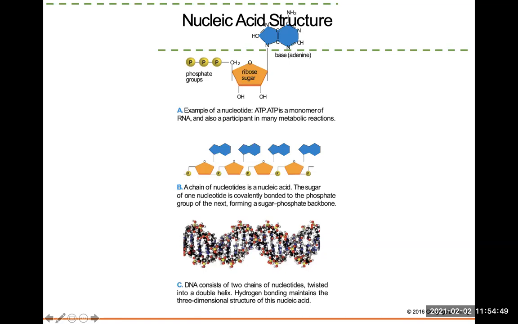So you have nucleotides, two chains in a double helix structure, and these bonds in between are held together by hydrogen bonds. That maintains the three-dimensional structure of this nucleic acid. Those hydrogen bonds are weak bonds. Each time this molecule needs to get copied, the information is copied by breaking those hydrogen bonds.